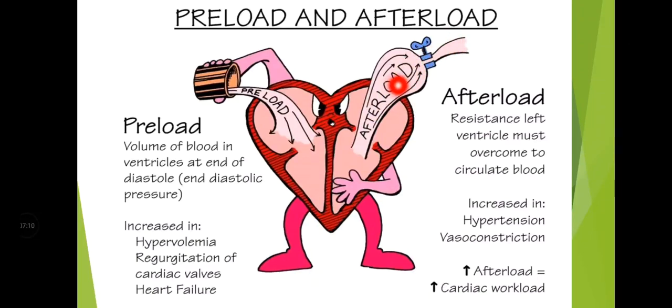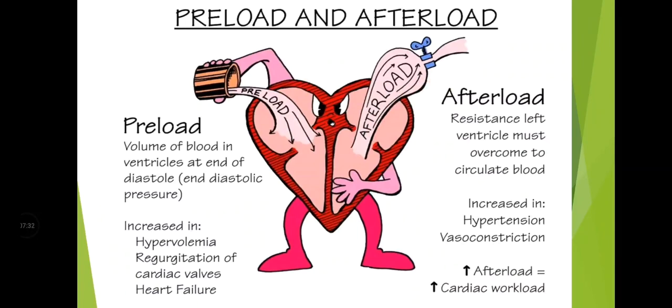There's going to be a reduction in the effective ejected volume of blood, which reduces the cardiac output. So an increase in the afterload increases the cardiac workload, which reduces the cardiac output.